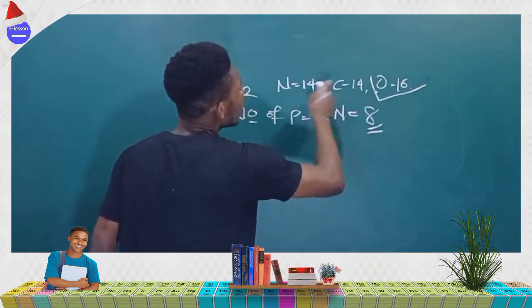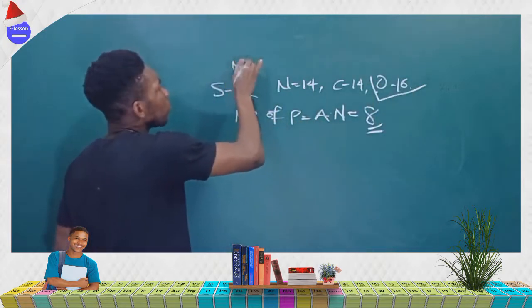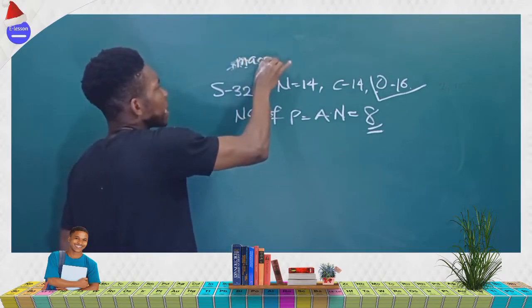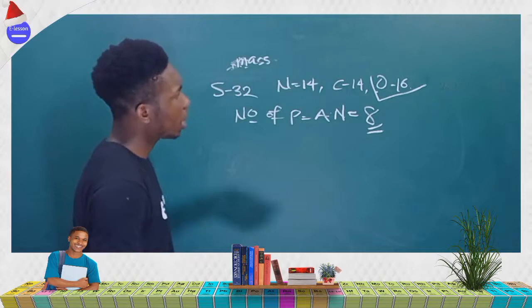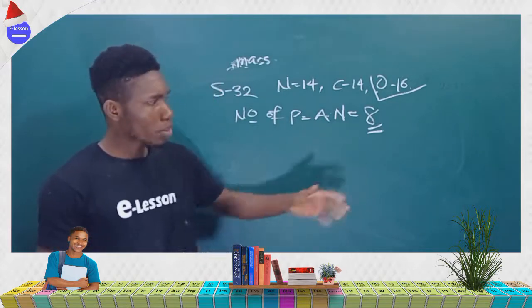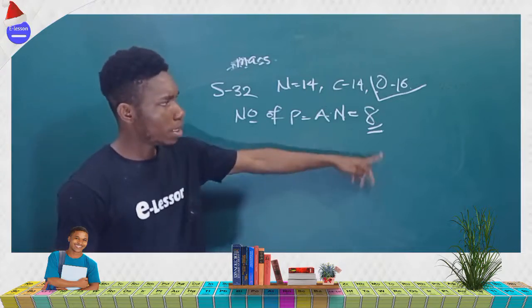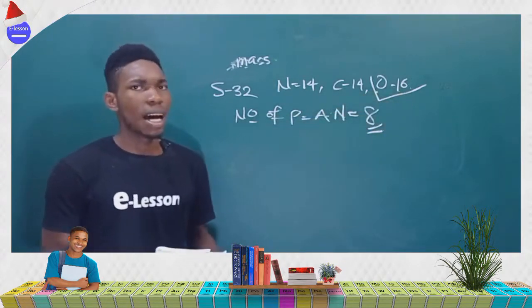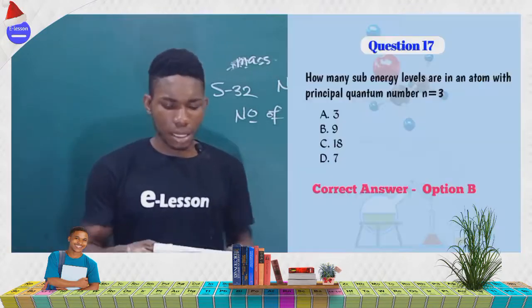All these numbers you are seeing here are the mass numbers. And the mass number is approximately 2 times the atomic number. Some of them are exact, but some are approximate. So if you multiply 8 by 2, it gives you 16. And that is the element in question.